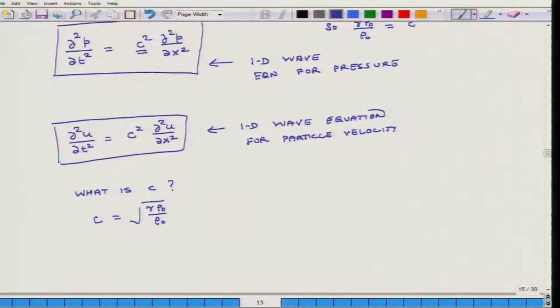If we consider p naught to be 1.01325 times 10 to the power of 5 pascals, which is 1 atmospheric pressure, and rho naught to be 1.18 kilograms per cubic meter, which is the density of air at standard temperature and pressure conditions, then the value of c is equal to 344.2 meters per second at STP conditions for air.